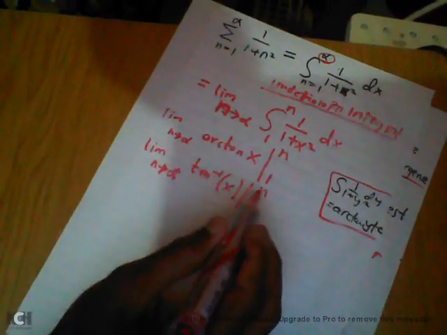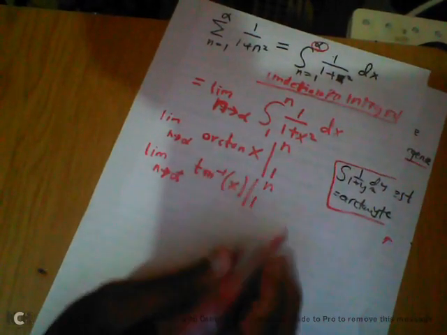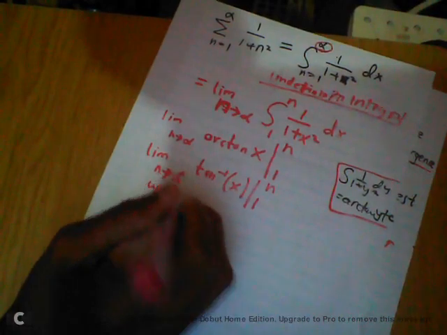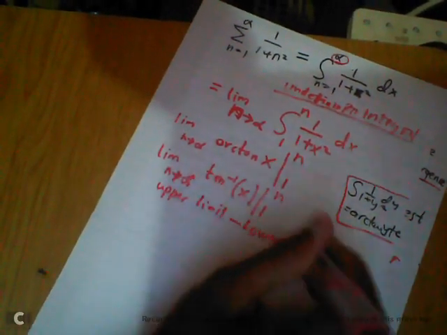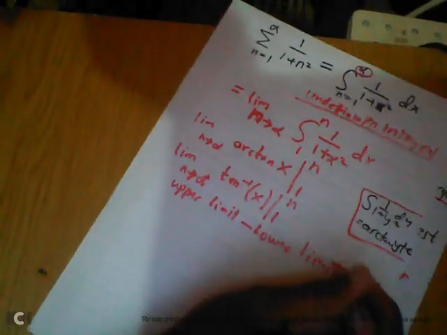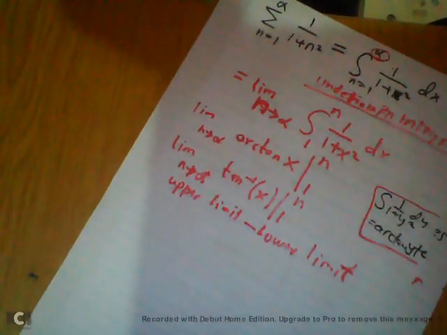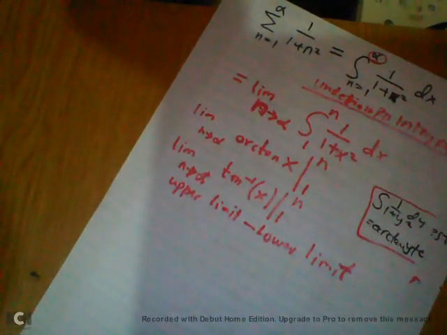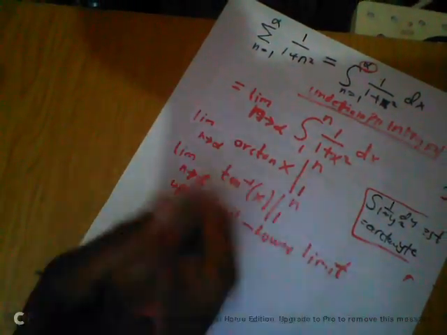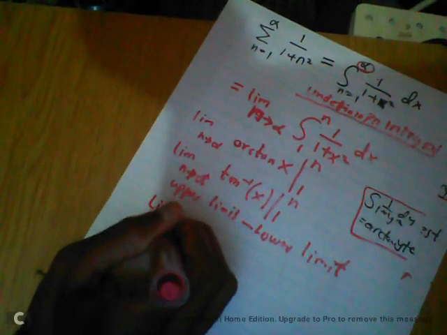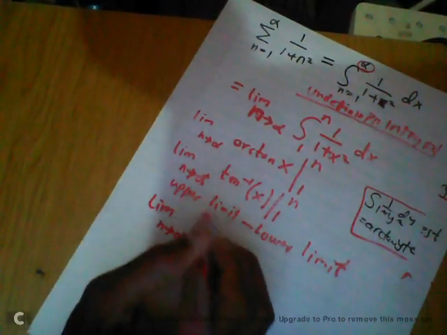The next step is to substitute the upper limit minus the lower limit. The upper limit is n, so we substitute n, still with the limit as n approaches infinity.